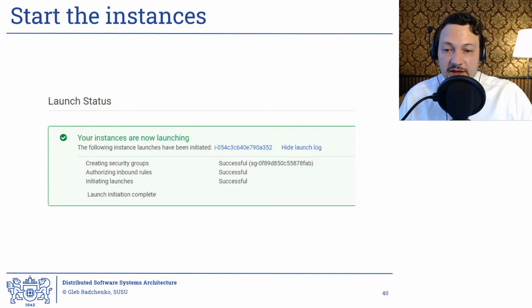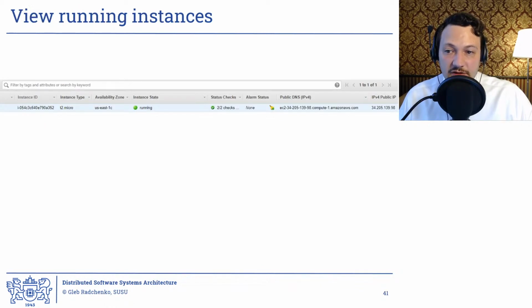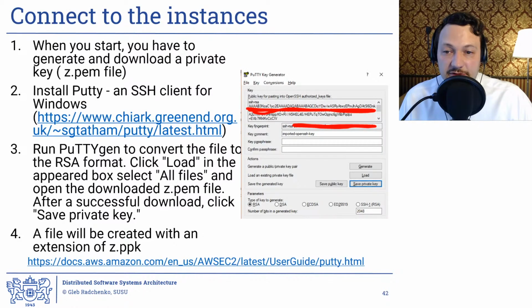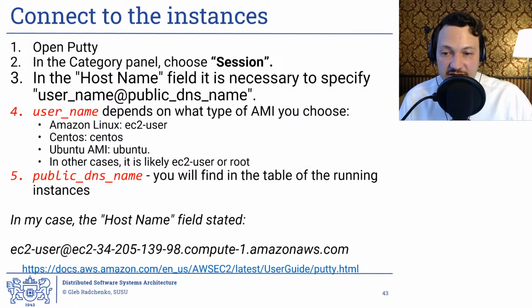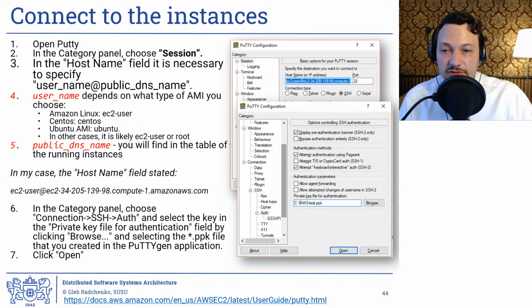So at the end of this presentation, of course, it is available to you, and all the instructions that I just showed you live are provided here clearly: how to download PuTTY, where you should click to create your private key, and how to use PuTTY to connect to your virtual machine using this specific username and the name of the machine.